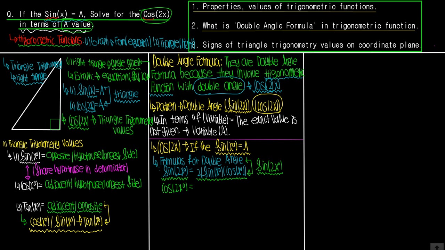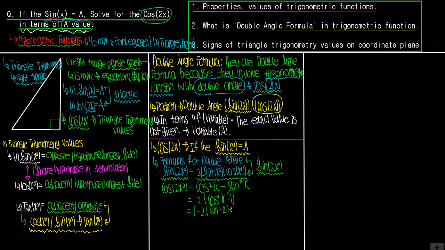The cosine of 2x is the same thing as cosine squared x minus sine squared x, and that can be simplified as 2 times cosine squared x minus 1, and that can also be simplified as 1 minus 2 times sine squared x.